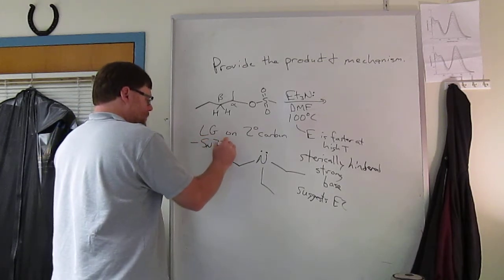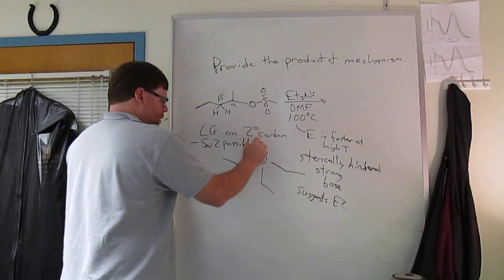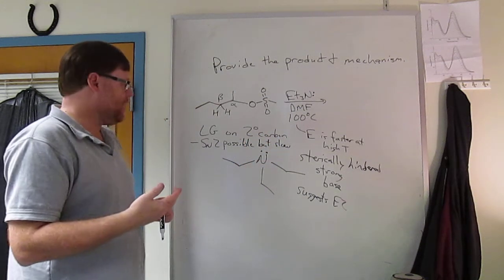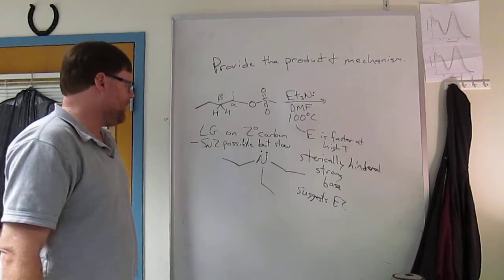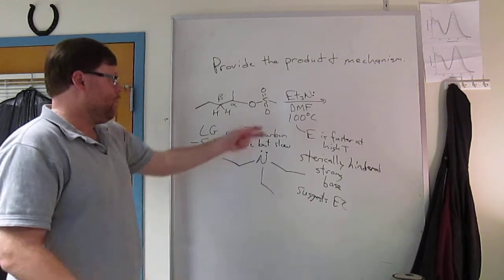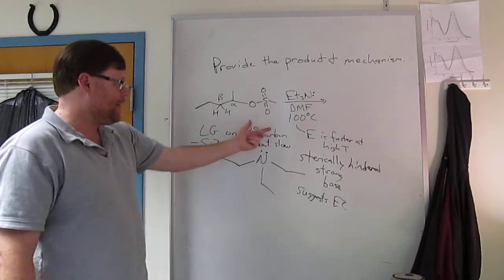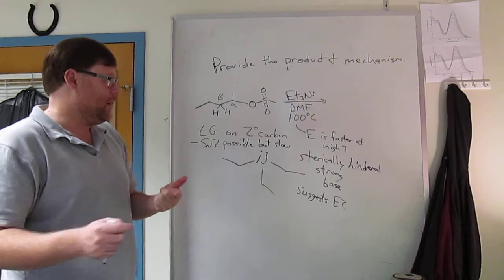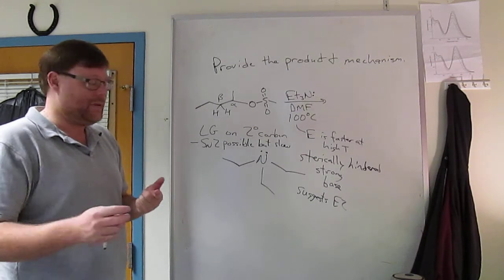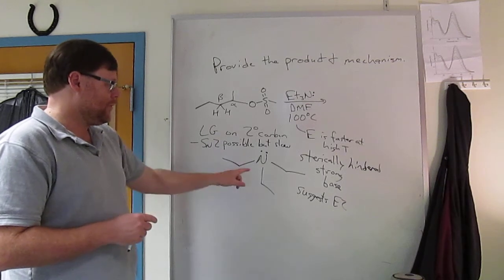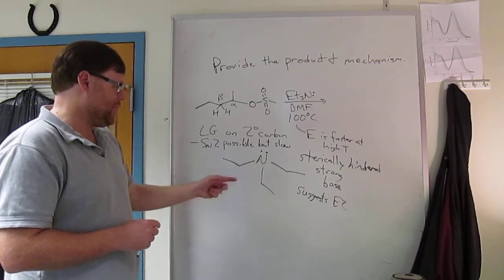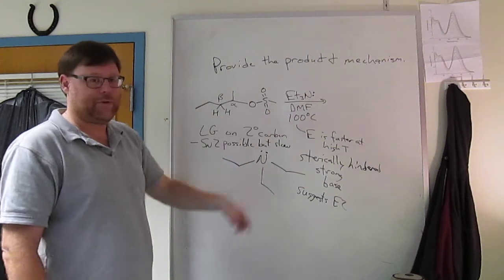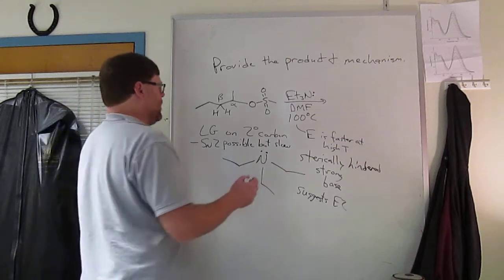SN2 is possible, but slow, because the more sterically hindered the electrophilic carbon is, the slower SN2 will be. So we have a strong base, we have a high temperature. A strong base suggests E2, SN2 over SN1, E1. SN2 and E2 are faster than SN1 and E1. So a strong sterically hindered base suggests E2. Polar aprotic solvent supports E2. High temperature favors elimination. So this is probably going to be an elimination.